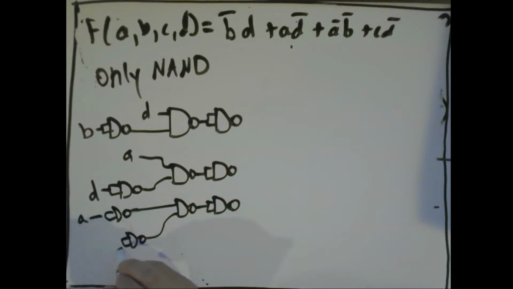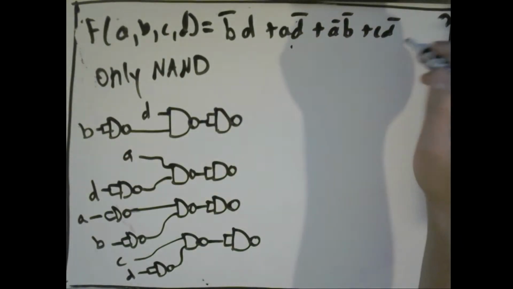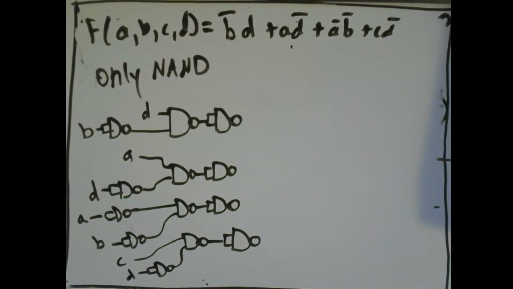This is A, this is B. And then we're going to have our last term here. We're going to have C and D. All right, so this is what we have. We have all these individual terms. Now we need to OR them together.